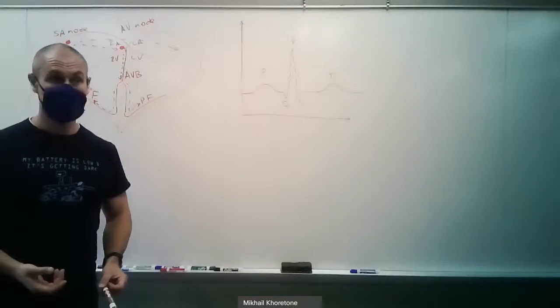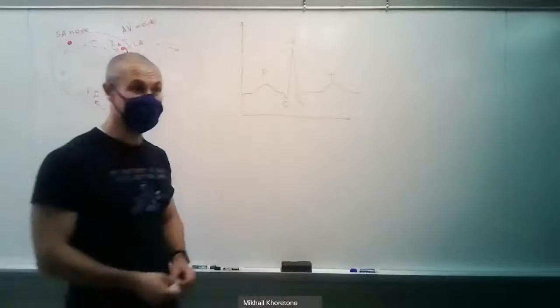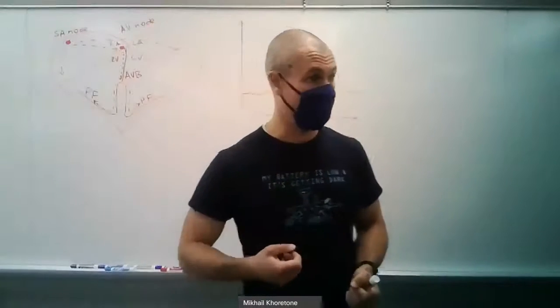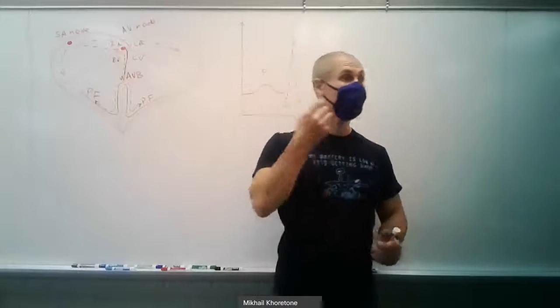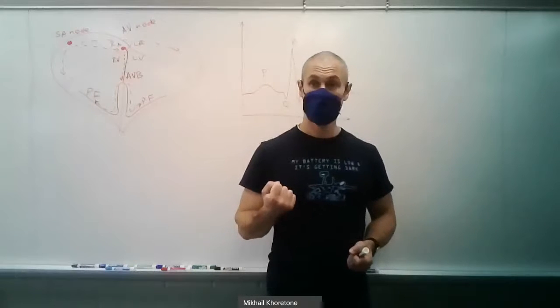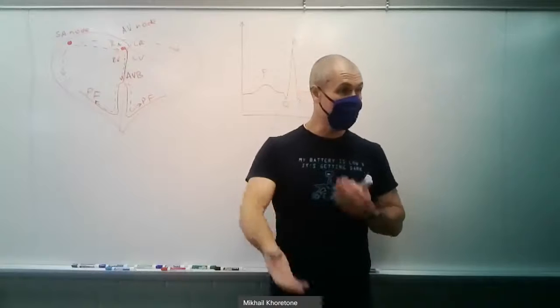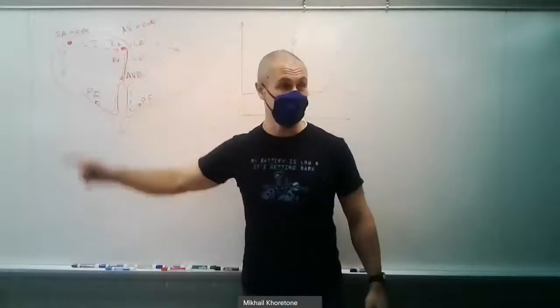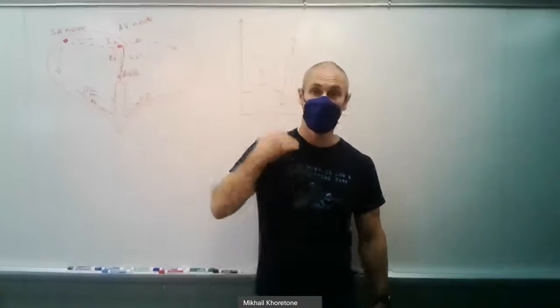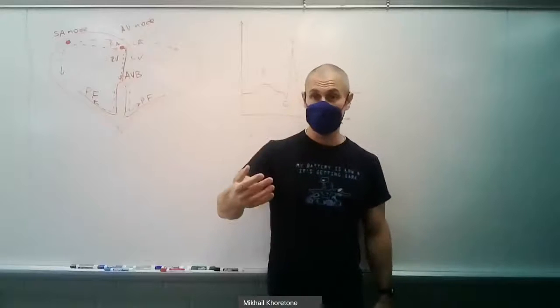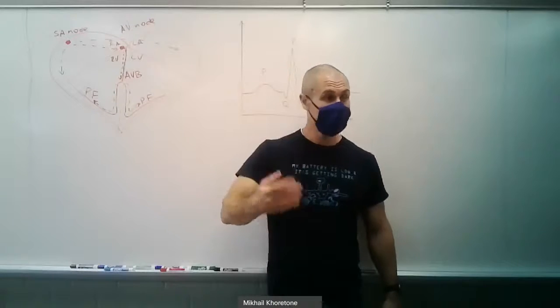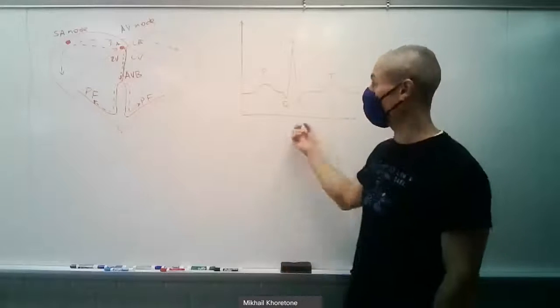Does that make sense? Now, what if your doors into the concert hall are randomly closing and opening? Sometimes they close, sometimes they open. So your AV node, sometimes it allows the signal to go through, and sometimes it doesn't. When it doesn't let the signal go through, what are you going to lose?